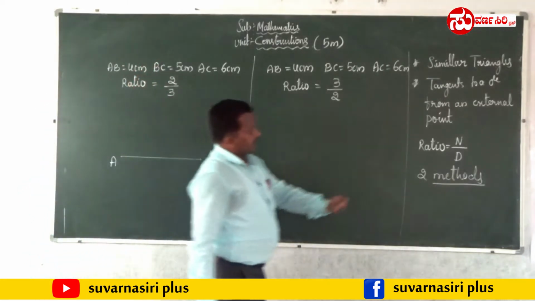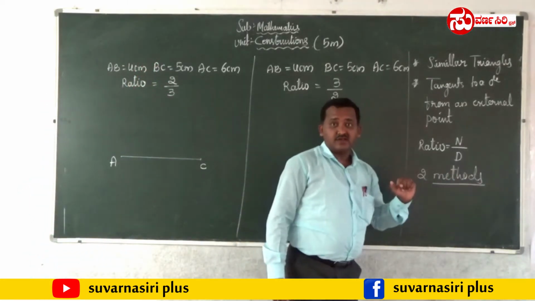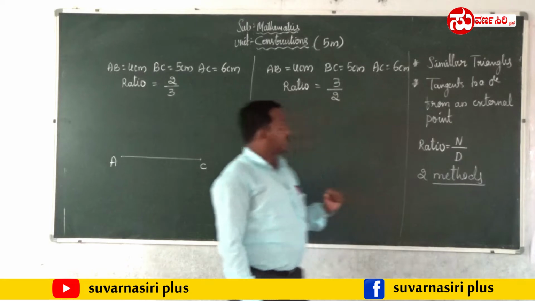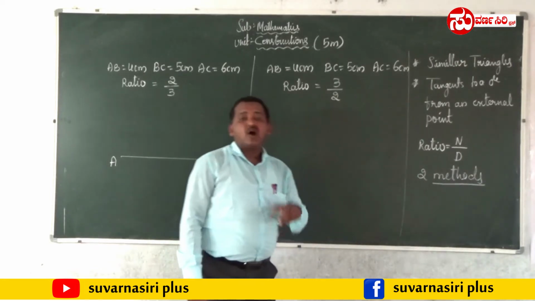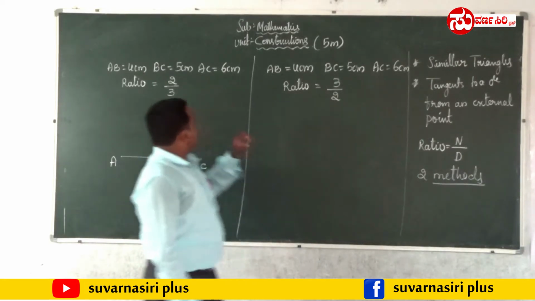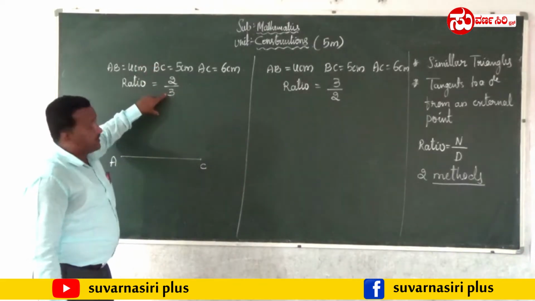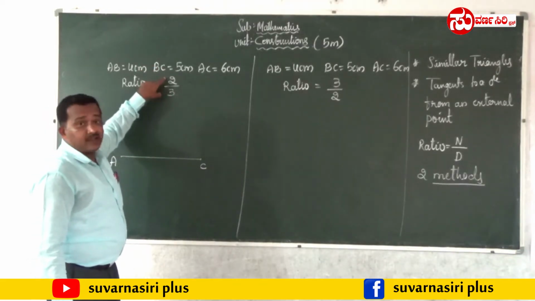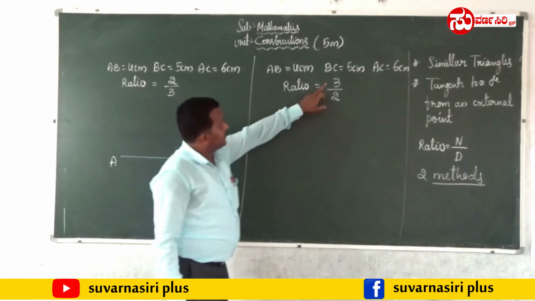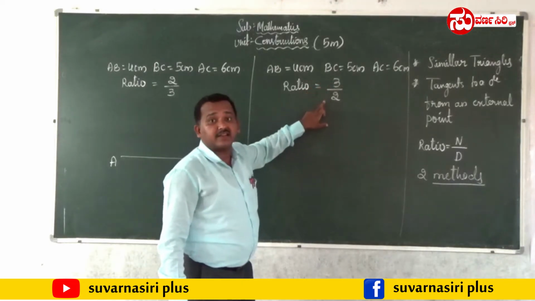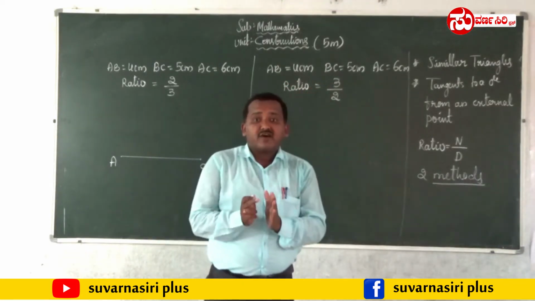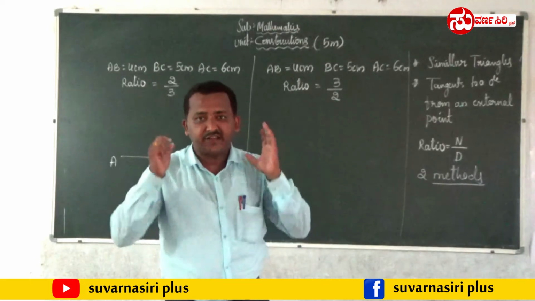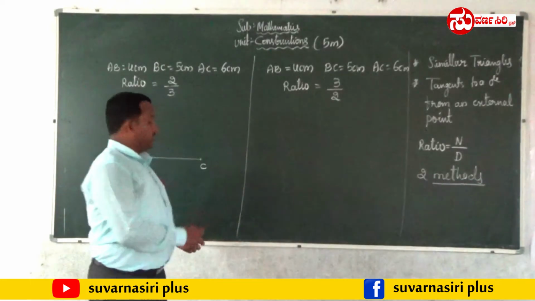As I said, there are 2 methods. That depends upon the given fraction, whether it is proper or improper. Here the denominator is greater than the numerator, and in the other case the numerator is greater than the denominator. In such cases the method of construction will be slightly different, which we will see here.